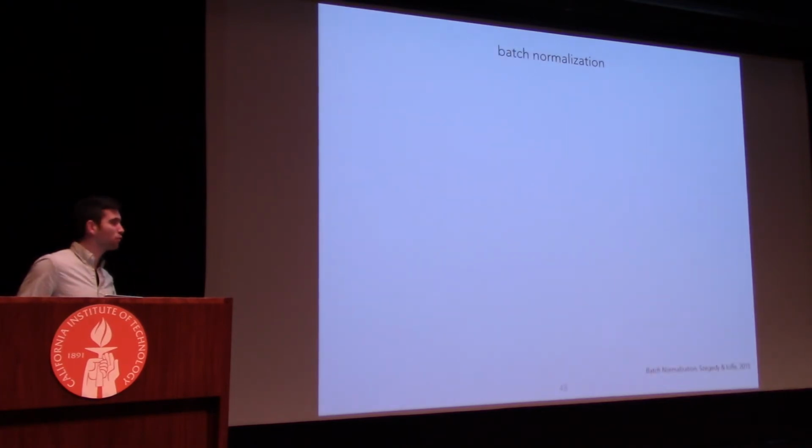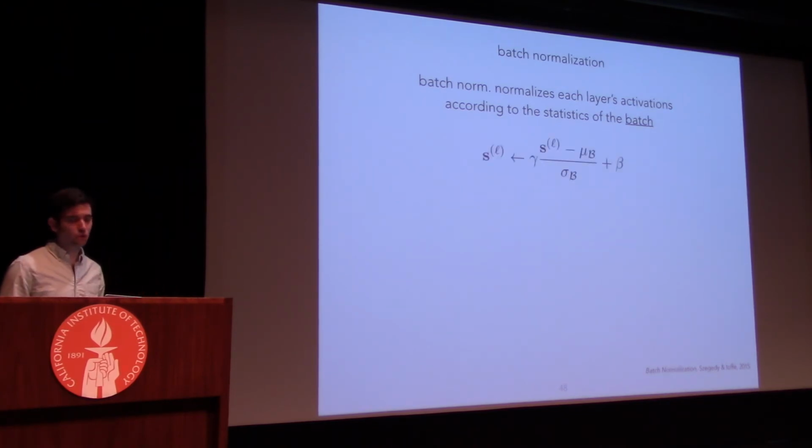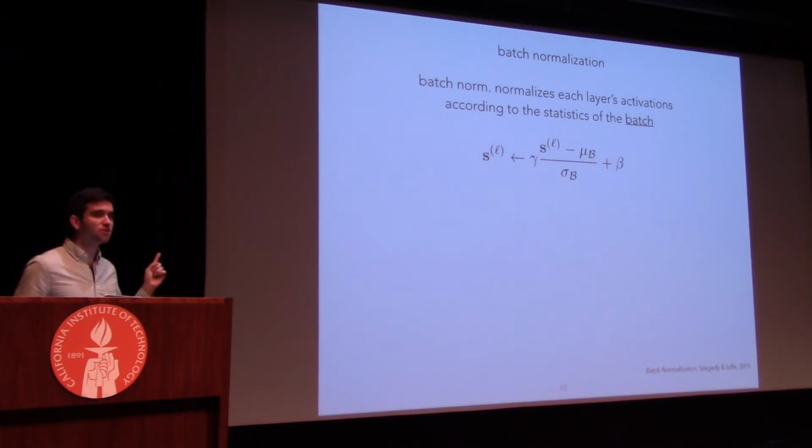One particularly useful one is what's called batch normalization, in which we're going to keep the activations normalized according to the batch of data that we're using. So we're processing data not in the full gradient descent setting, but in a batch setting. So what we're going to do is take our summations, subtract off the mean of those summations calculated from this batch, and then divide by the standard deviation, again calculated from this batch.